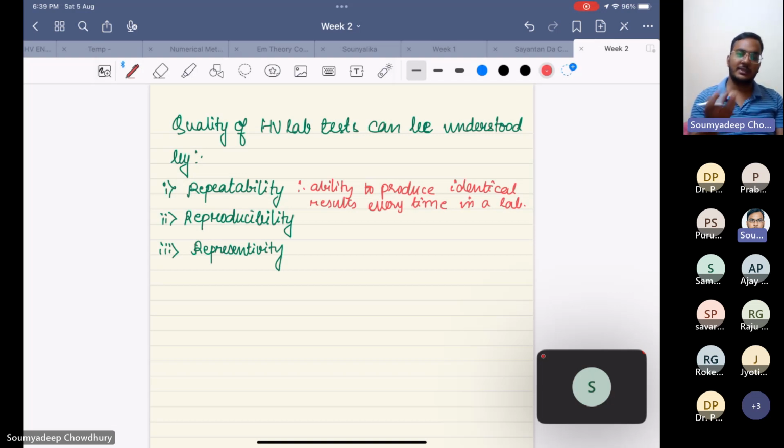Now the next time, say after 2 hours or tomorrow morning, you will not get exactly 10 kV. You will get 10.1, 10.2 like that. So there is a certain percentage, and if the result is within that, then we can say that yes, our result is repeatable and the first criterion is passed.